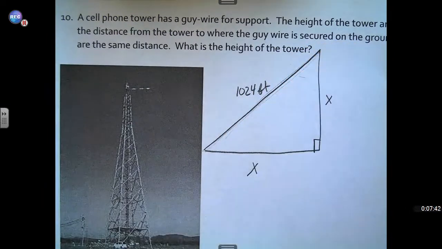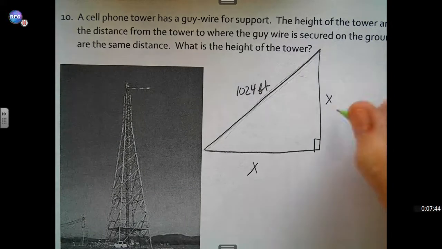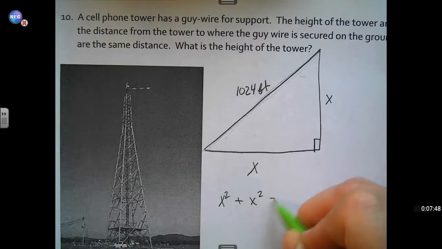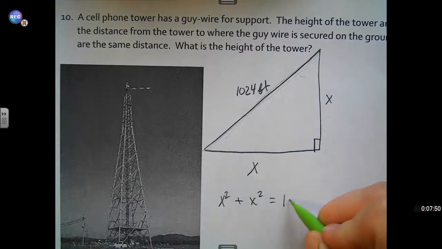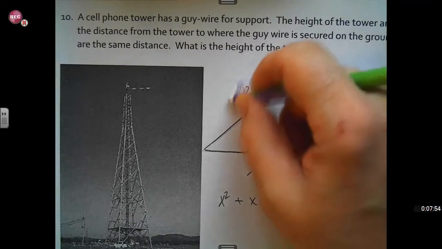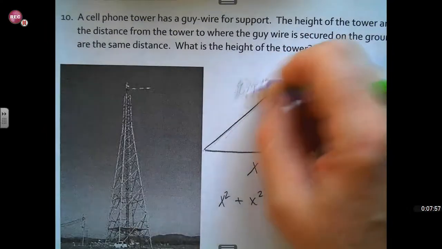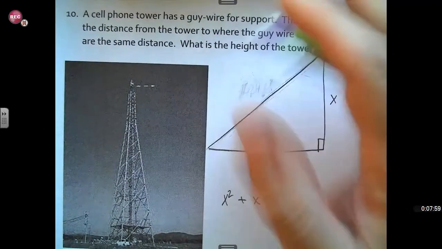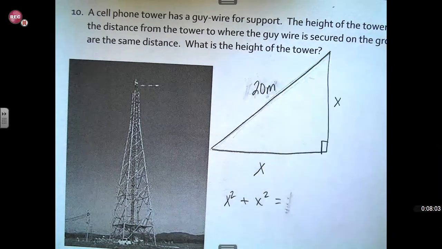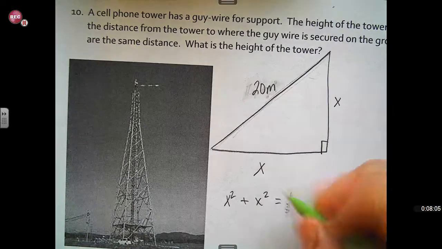So to find the height of the tower, I would take x squared plus x squared equals 1,024 squared. I made that a little large, didn't I? Let's see if we can make that smaller. Let's call it 20 meters.